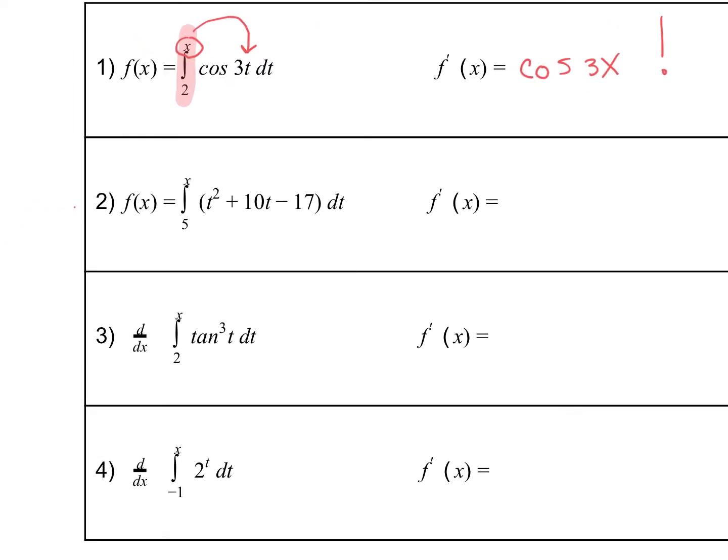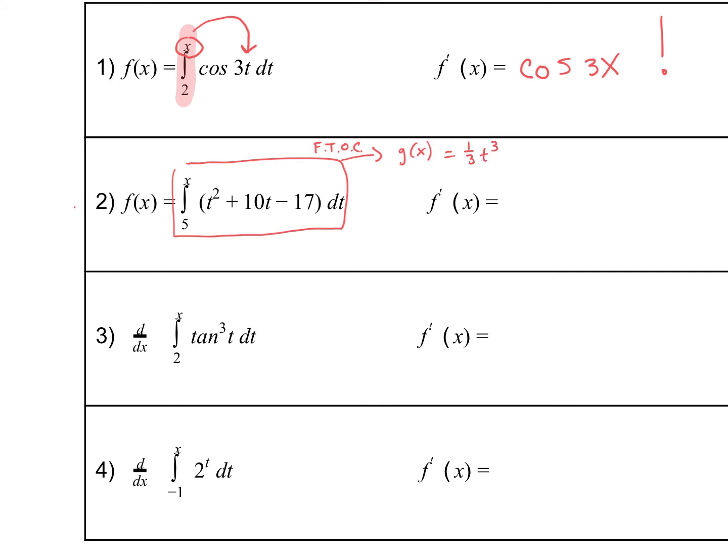So the first thing we're going to do is solve this definite integral. Okay, so I'm going to go off to the side and use the fundamental theorem of calculus. The first step is to find the antiderivative. So the antiderivative of t squared is 1/3 t to the third.